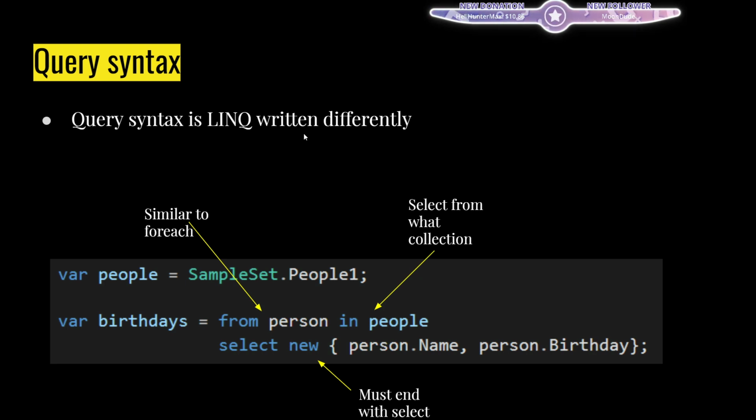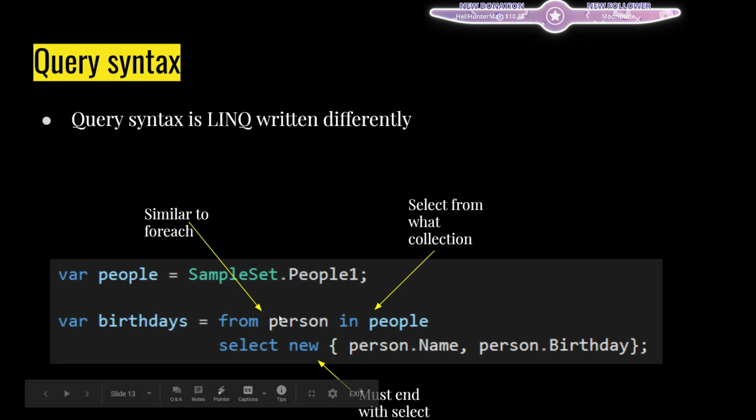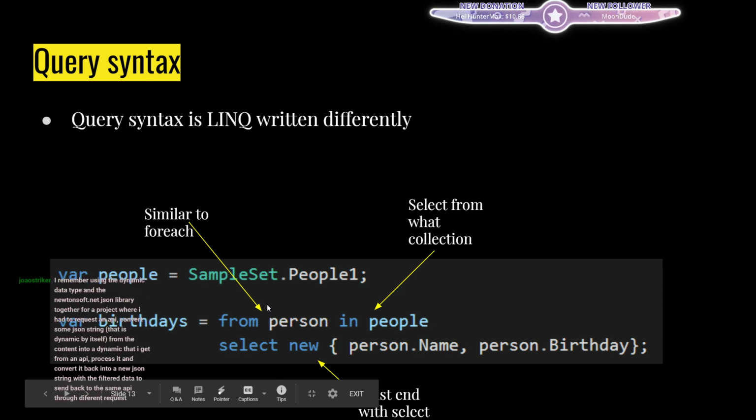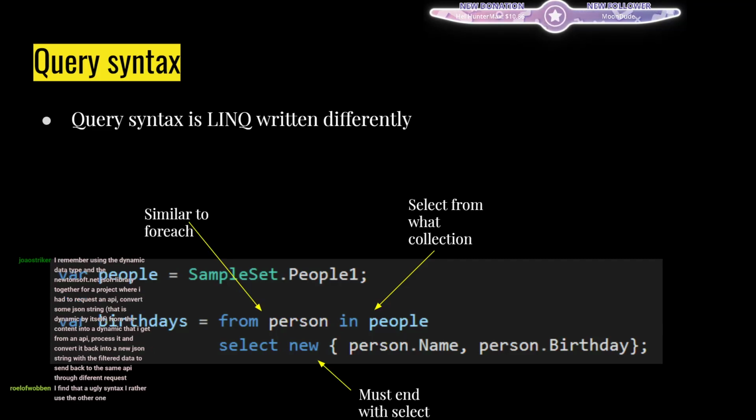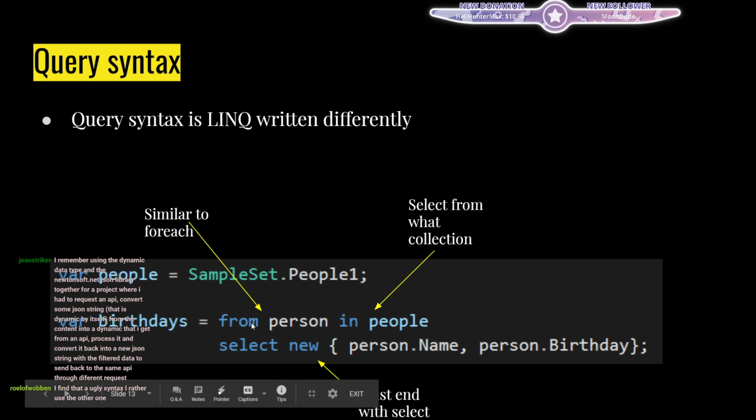So when you write query syntax based LINQ, the start is very similar to a foreach loop. Instead of from, in a foreach loop you have var, and then person in people is the same as you would write in a foreach loop.